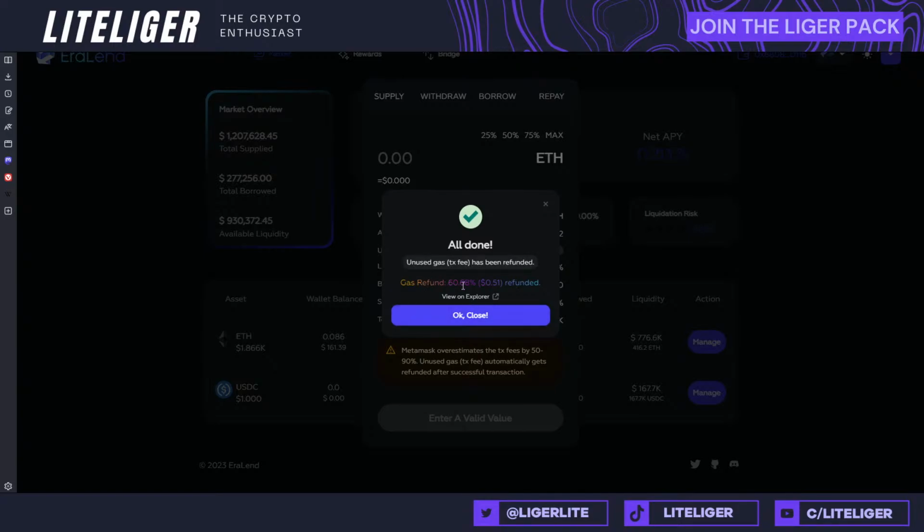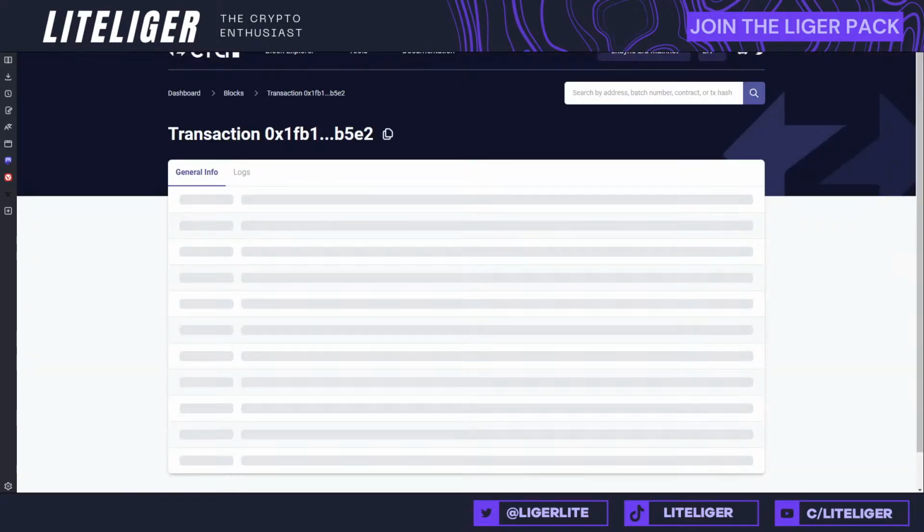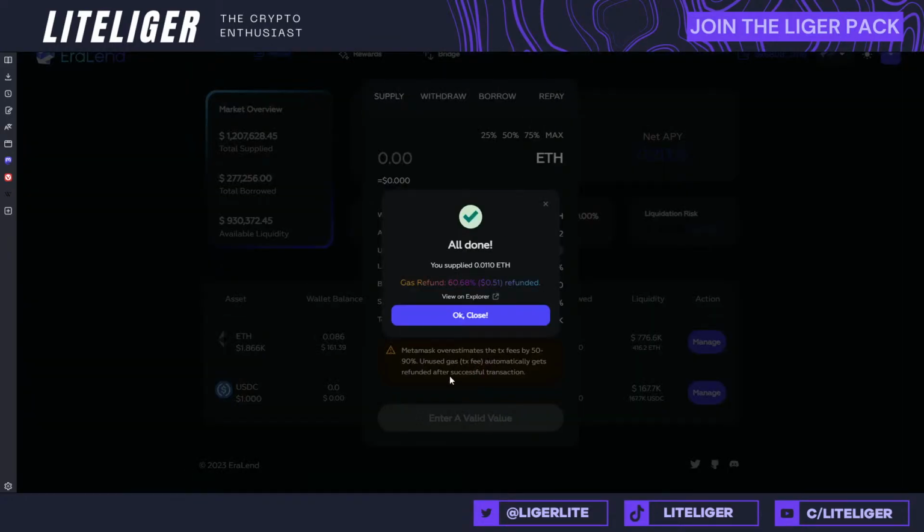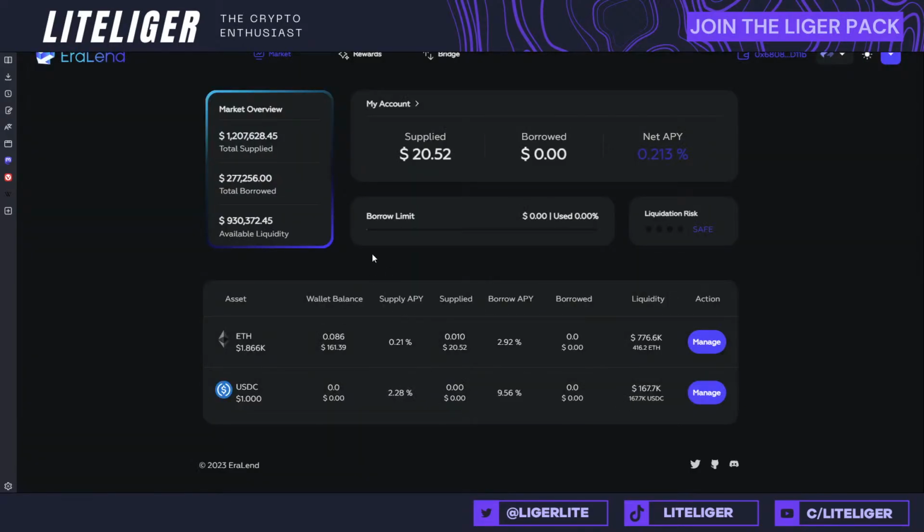There's also a gas refund here, which I talked about. So this was 32 cents in cost. So yeah, zkSync Era, sorry, is a bit more expensive on these transaction costs compared to a lot of things. And we're going to be getting a net APY of 0.2% on this Ethereum, which is obviously going to be less than we're going to be paying in gas. These are supply APYs. They're not amazing, but they are pretty standard numbers for DeFi APYs.